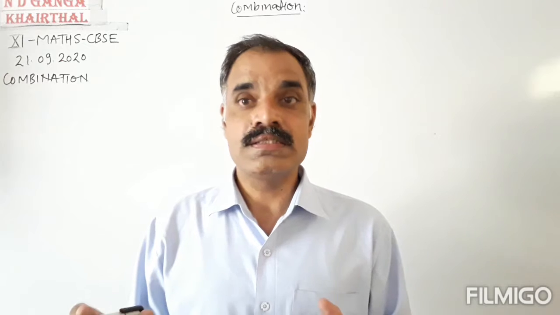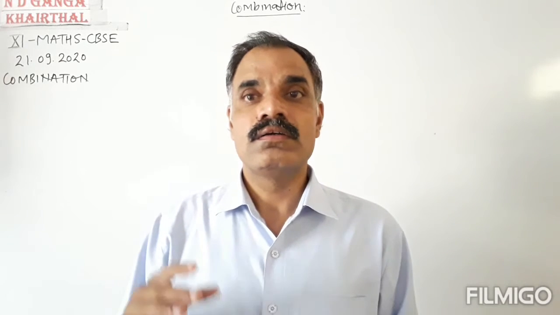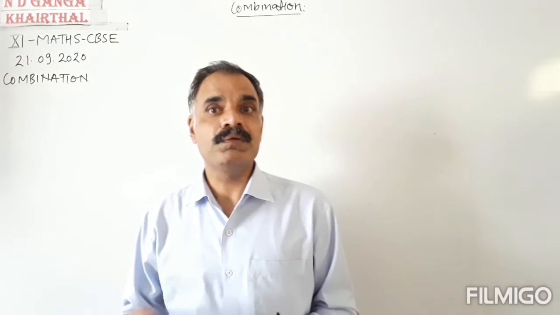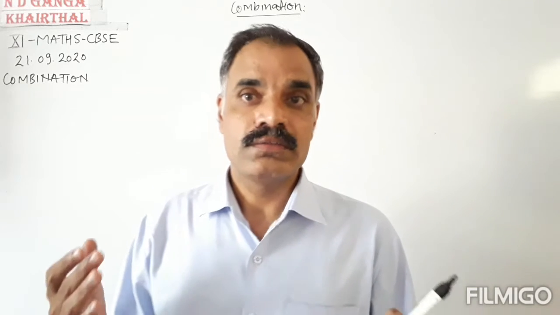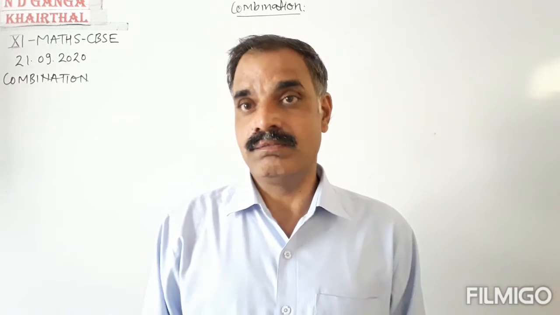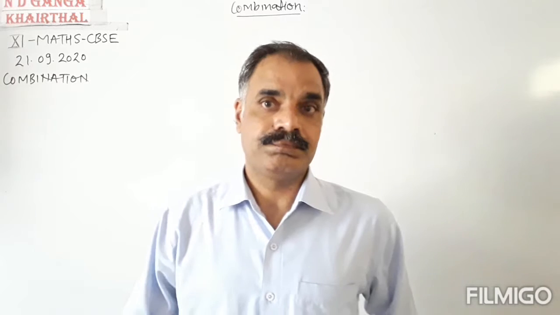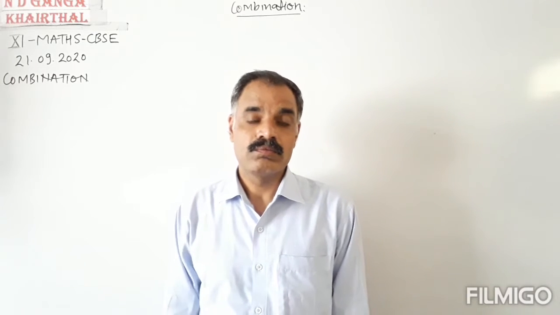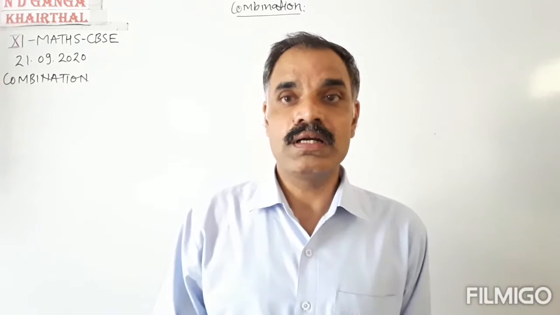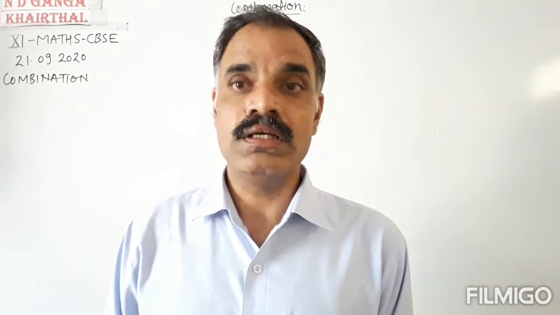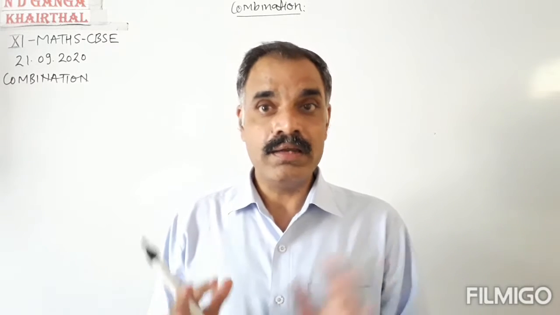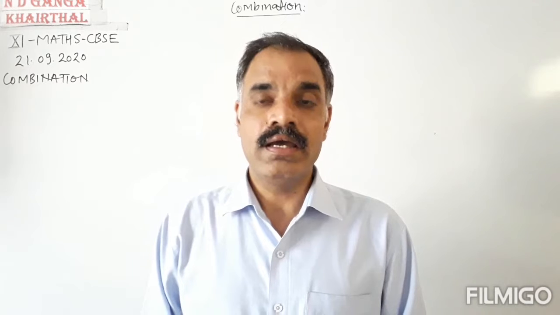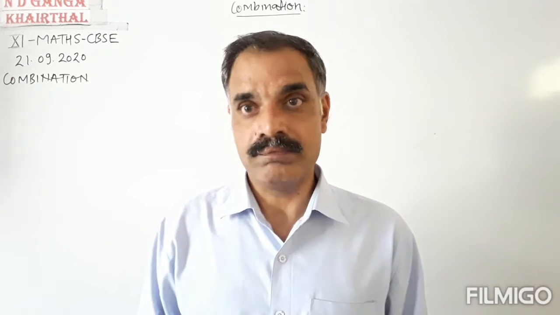So nCr denotes the combination of n different objects taken r at a time. Now we will know how to find nCr. When we have been given n persons, we have to select r persons.